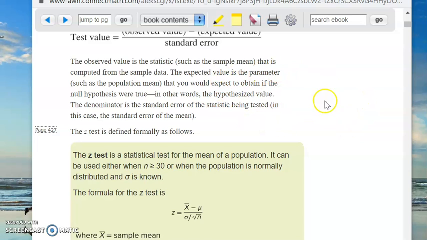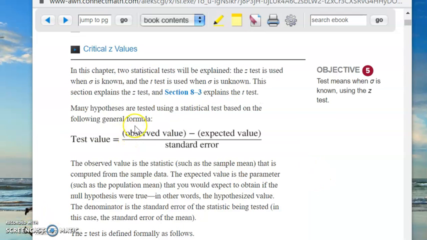The expected value is the parameter, for example, the parameter mean, that you would expect to obtain if the null hypothesis were true. So when we get this observed value, the mean of the 100 kids that ate the Wheaties, and we compare it to the expected value, that is on top what I look at and I say, how surprised are you by the results?